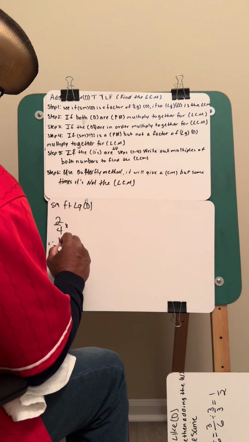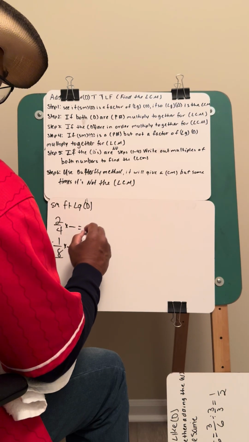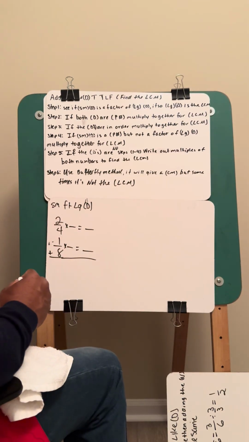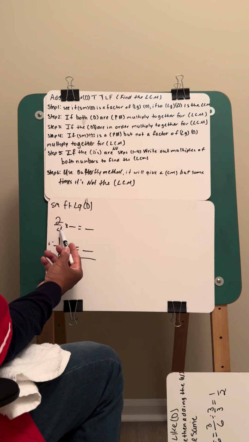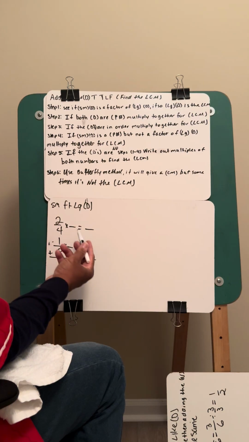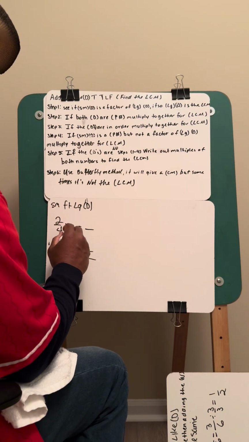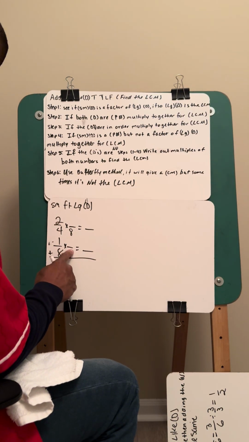I like to put a multiplication, the number I'm going to use, and my new fraction. I look and see if the small denominator 4 is a factor of 8. 4 times 2 is 8. So that means 8 is going to be the least common denominator.